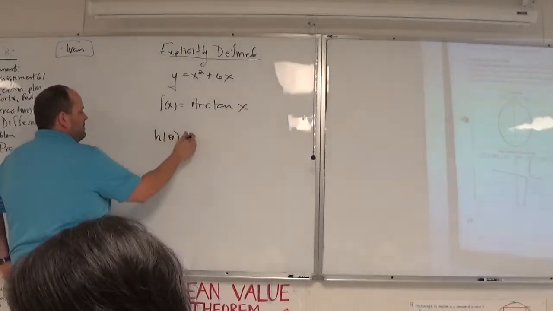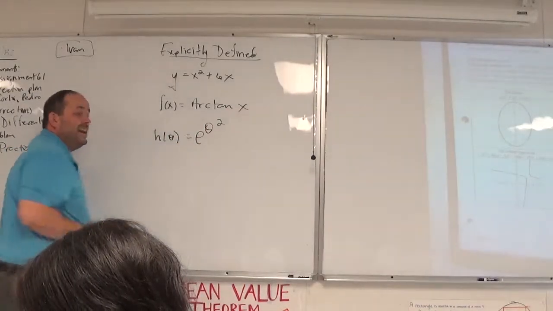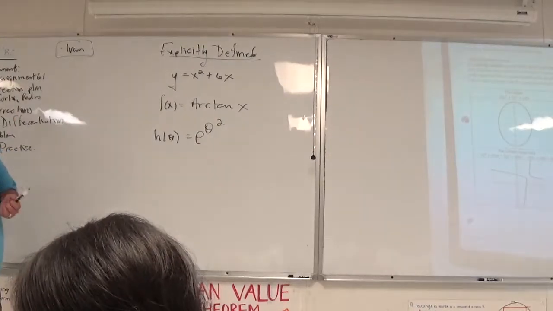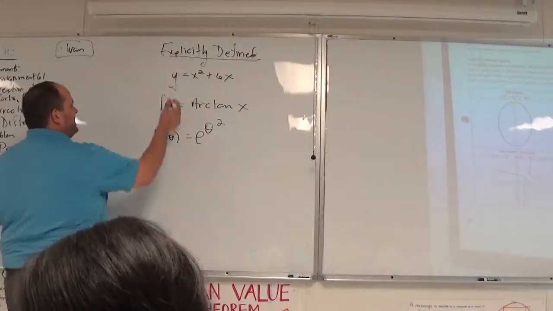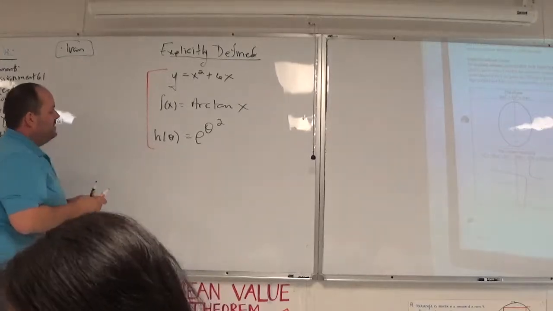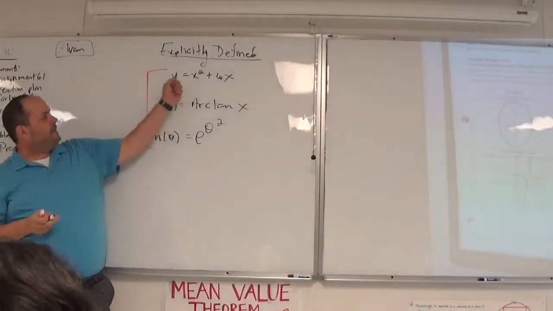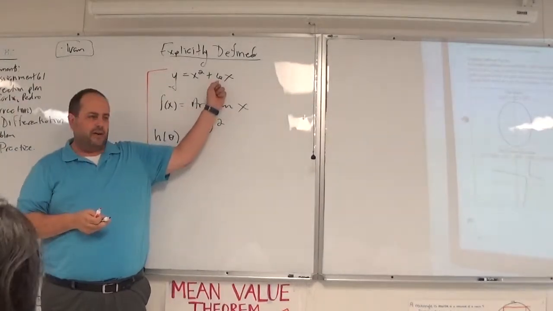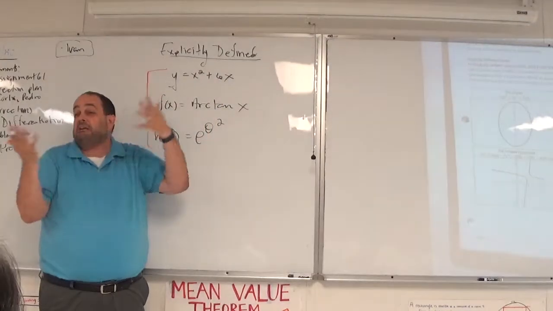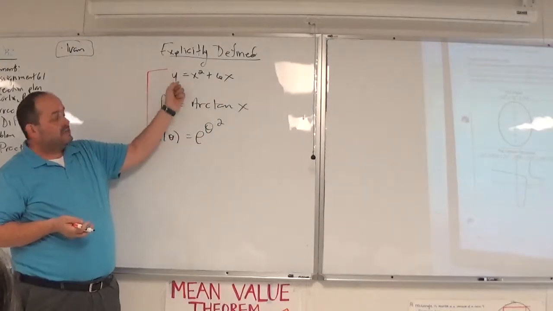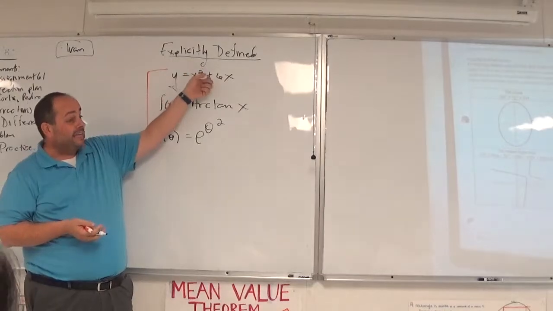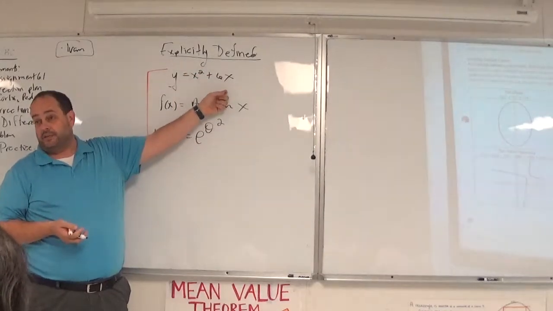I've said h of theta equals e to the theta squared. Explicitly defined just means you've got your dependent variable expressed in terms of your independent variable. That's the technical definition. Y depends on x. Y is expressed in terms of x.